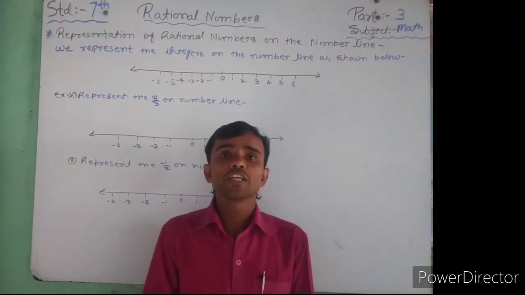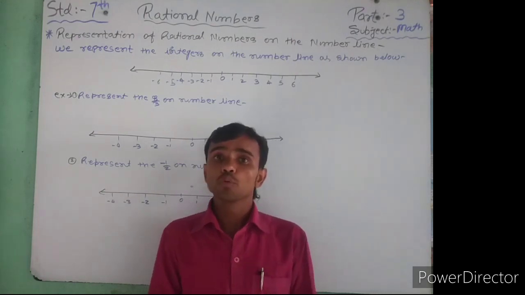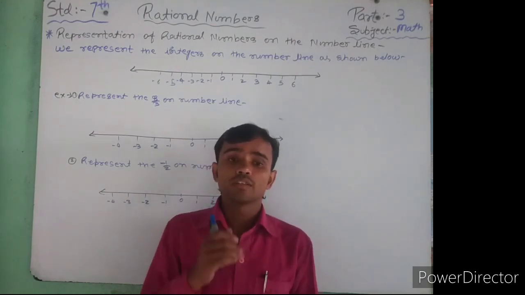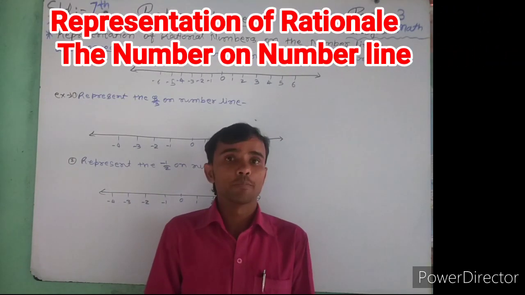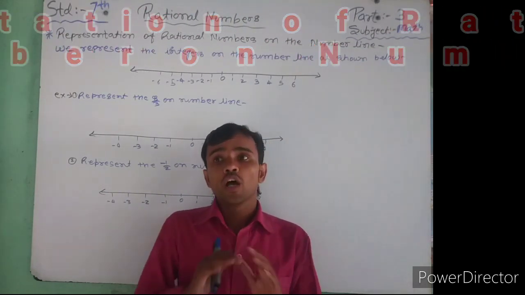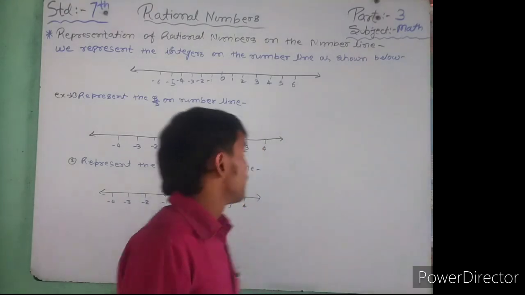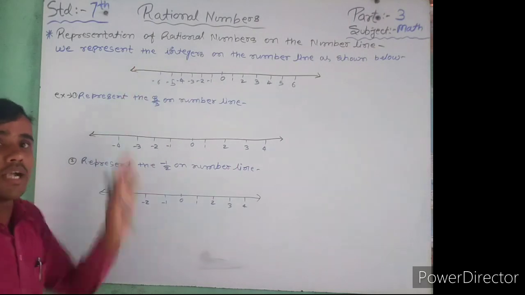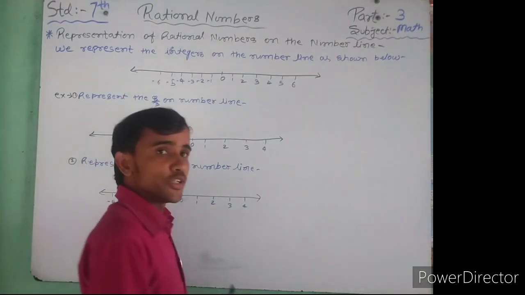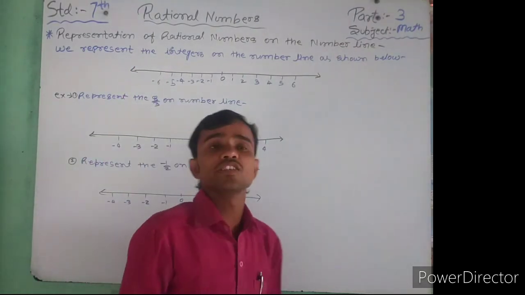Firstly, my dear students, see what I write on the board: representation of rational numbers on the number line. You also know what a number line is. If you have a number line, you divide it in two parts, and the point between them is 0.